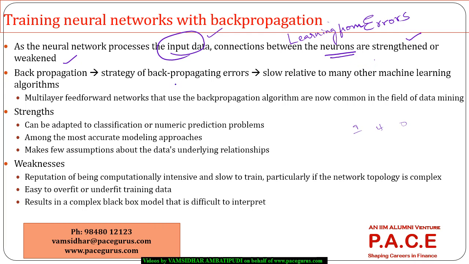Now whatever errors come out, once I have done the first layer analysis, I have built some kind of W1, W2, W3 as the weights, and based on the weights I have transformed this input signal into a hidden layer. The hidden layer gets transformed into an output. Now I have tried applying this model back to my training data.